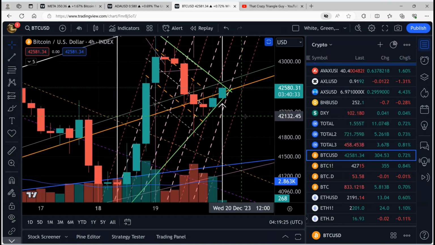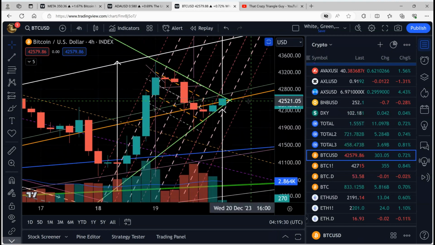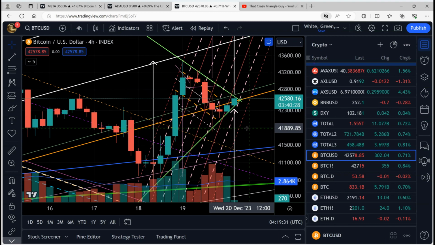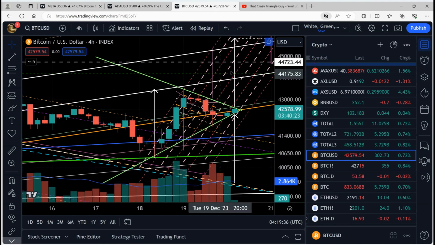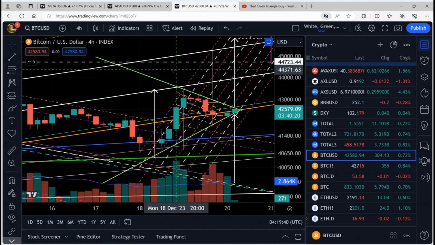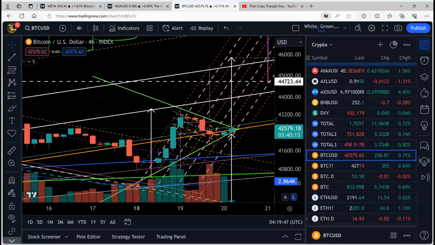Now, the original poles that I drew are not relevant anymore. But possibly the target I had was up here at around 45.3-ish.